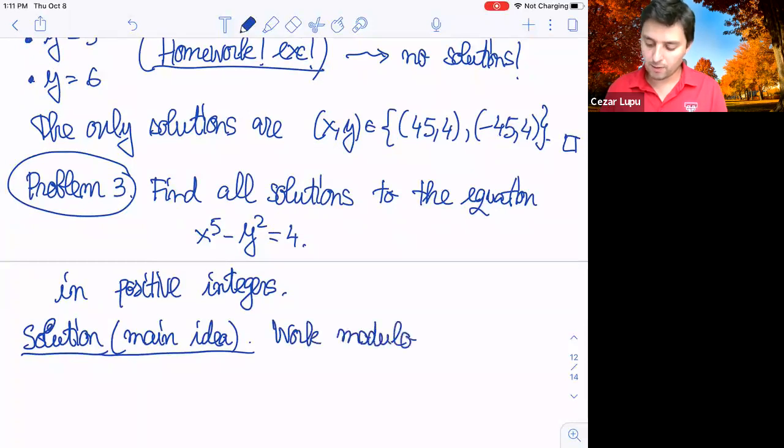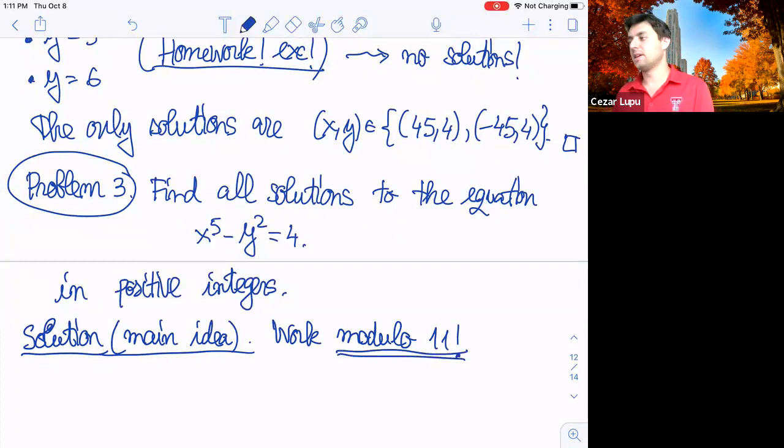And in this case, I'll leave it to you to figure out why, we'll work modulo 11. And then you do the same thing.